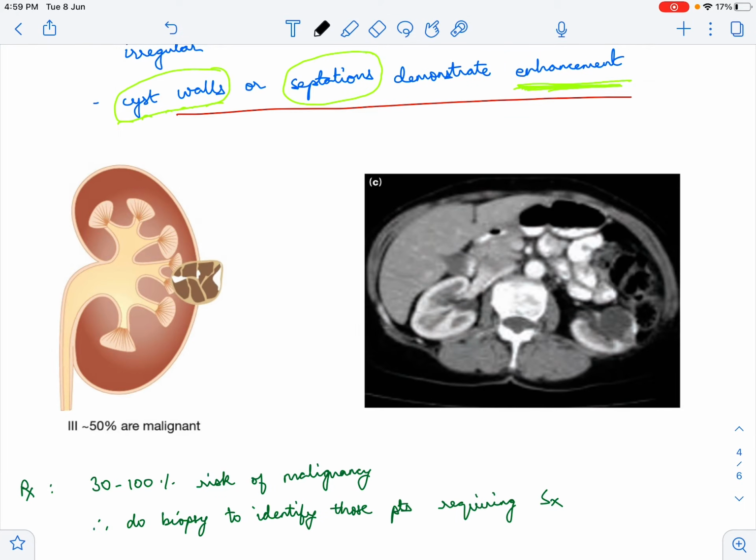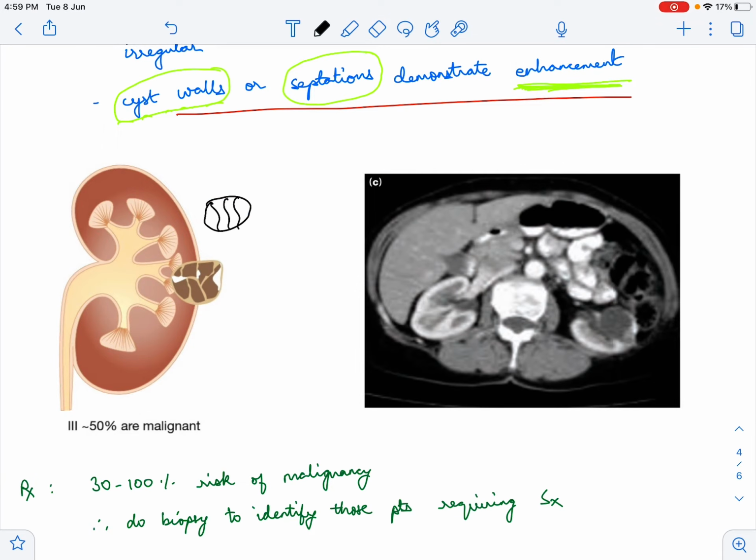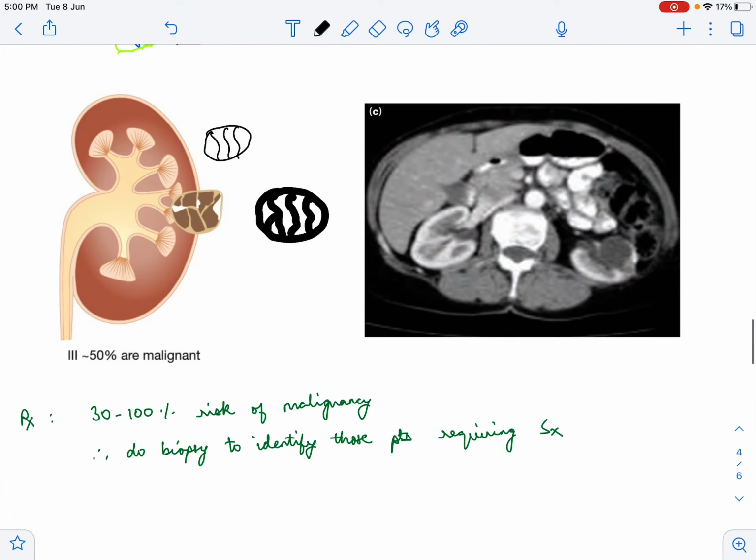Now, for example, this is the cyst. This is before contrast. After contrast, it is slightly bigger in size. So this is what it will look like. It enhances. So this is category 3. You can see in this surgical sketch that these are irregular septations, and we have calcification over here.